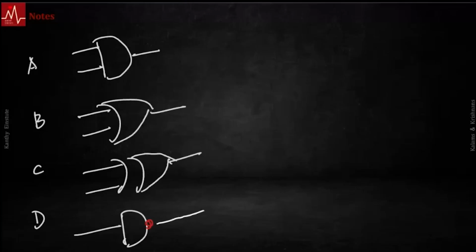Label A, label B, label C, label D. Just want to make sure you know what these are. Symbolically, what gate is this?